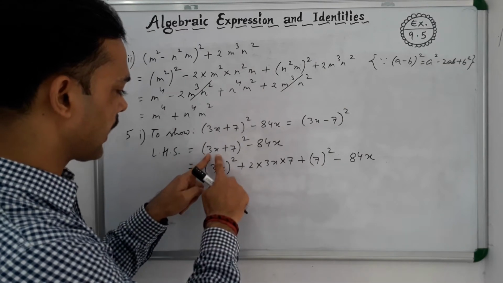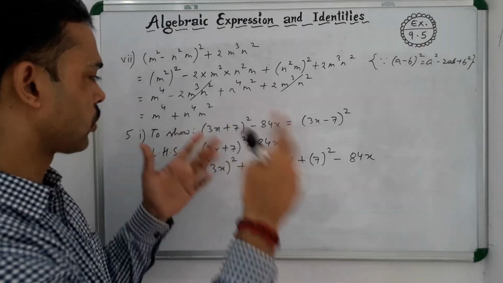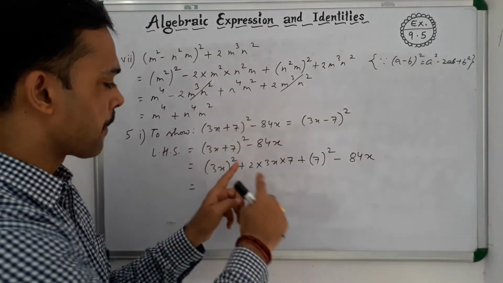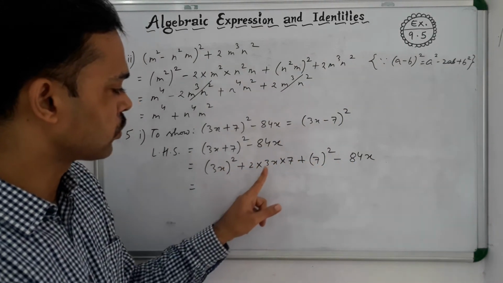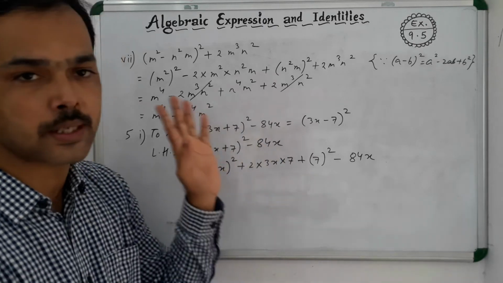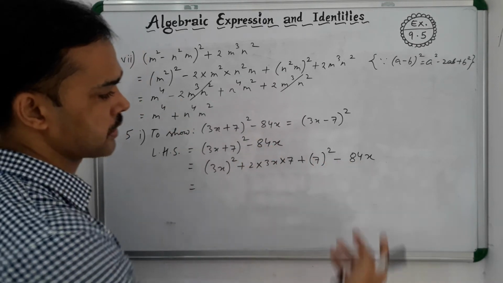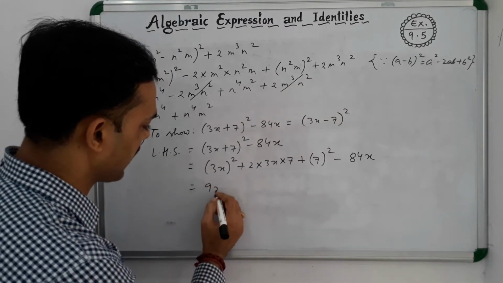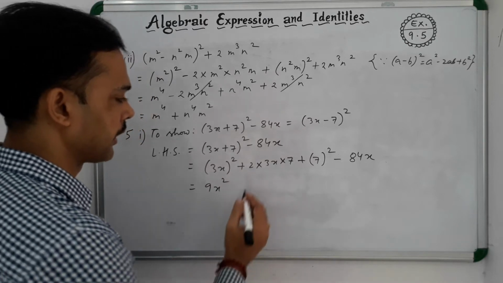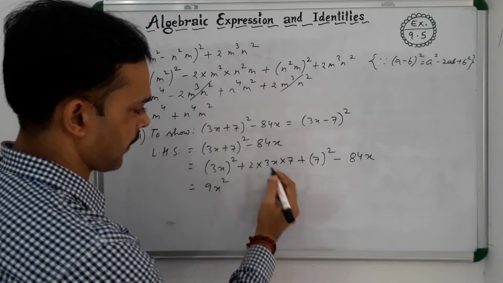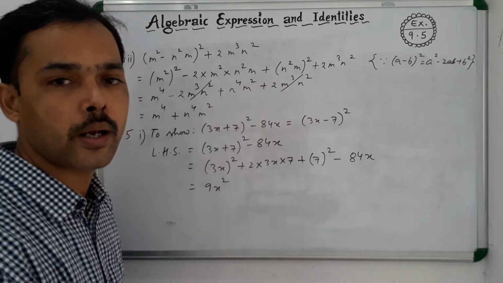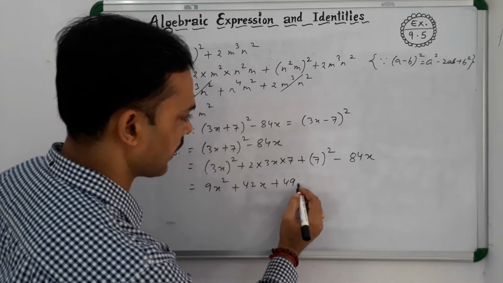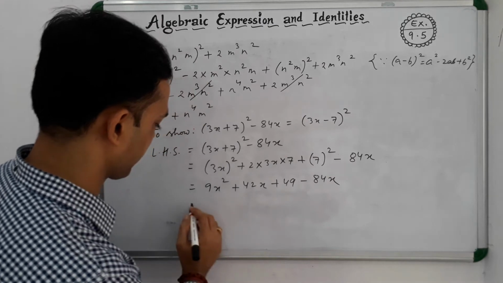A square, at place of a we have 3x, so 3x whole square, plus b square, at place of b we have 7, plus 2ab, so plus 2 into, at place of a 3x, at place of b 7, and this minus 84x was there, so I have written it as it is. 3x whole square will be 9x square. Then 7 into 3 is 21, and 21 into 2 is 42. So plus 42x plus 49 minus 84x.